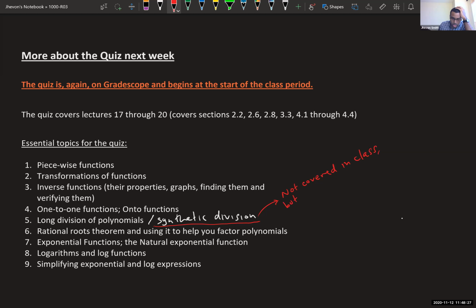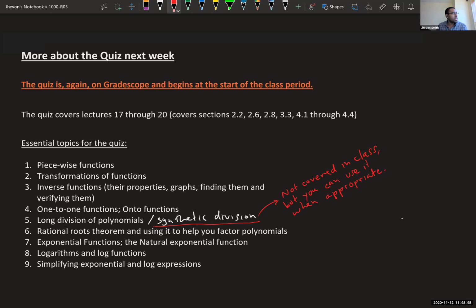But you can use it when appropriate. So if you learn synthetic division and you want to do it, it's fine. Just do try to understand long division because I am going to ask you questions specifically on long division as well.